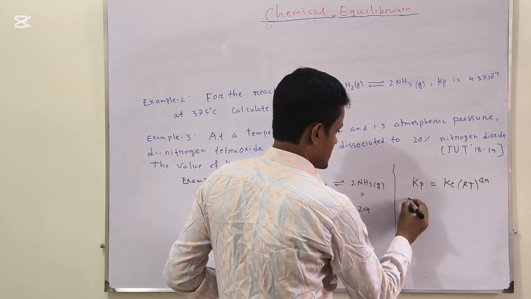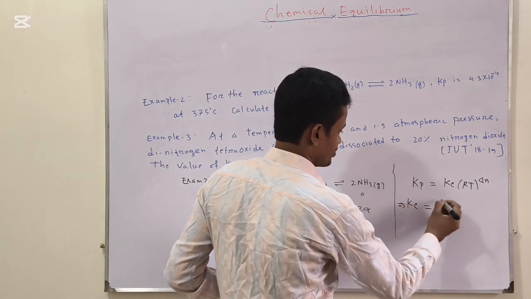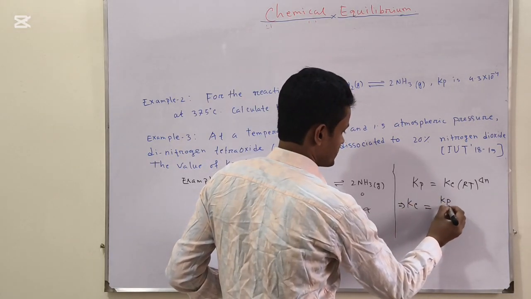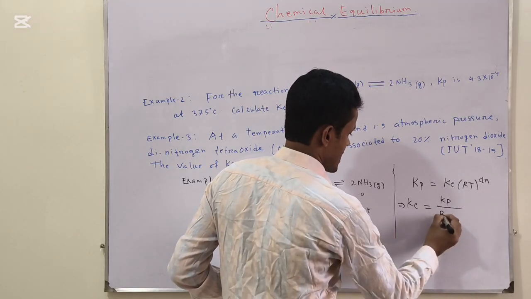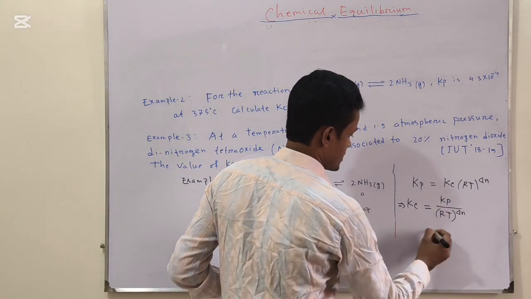So Kc equal to Kp divided by RT to the power delta n.